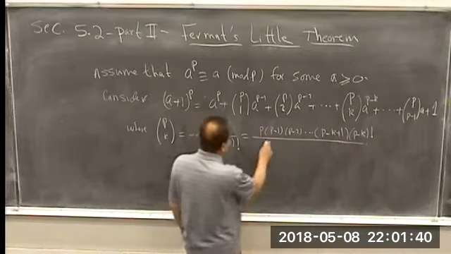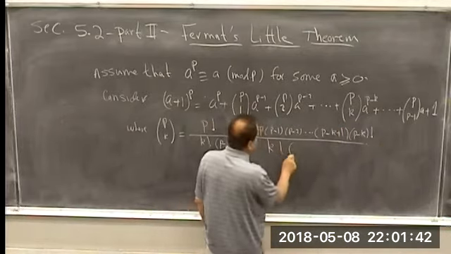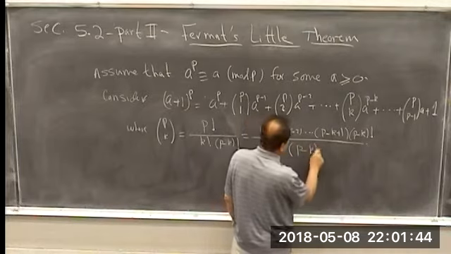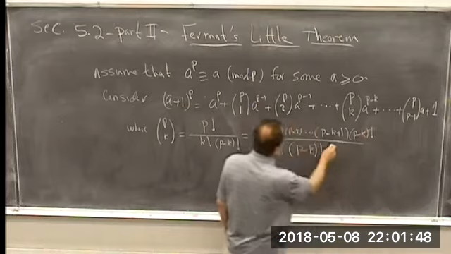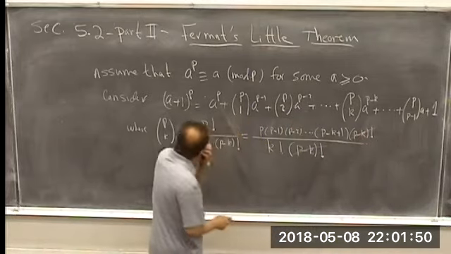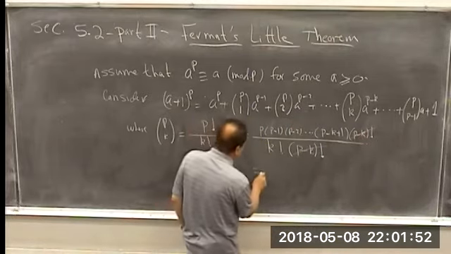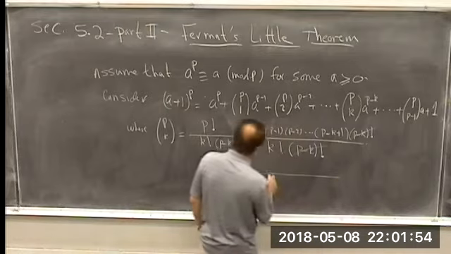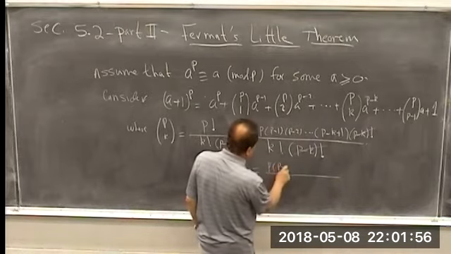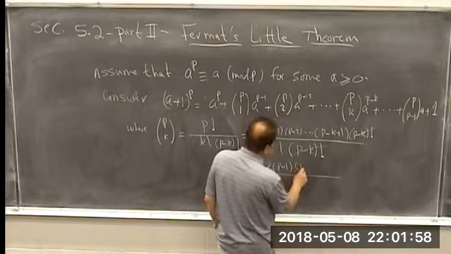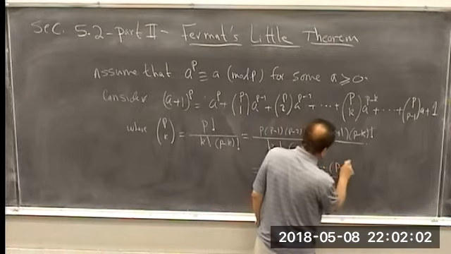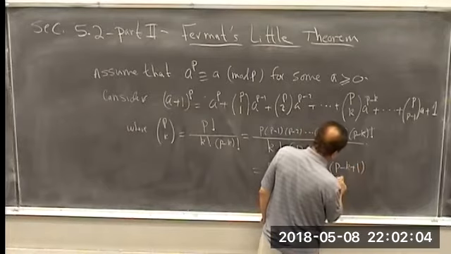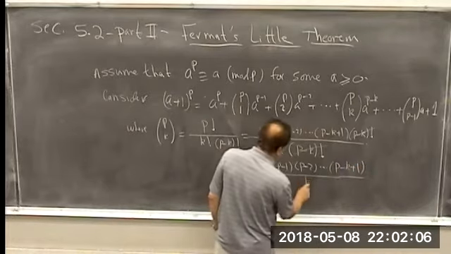In the denominator, we have k factorial, then p minus k factorial. So we can cancel out the p minus k factorial, and we end up with this expression over k factorial. I hope it's simpler, but we're going to need this for our next step.